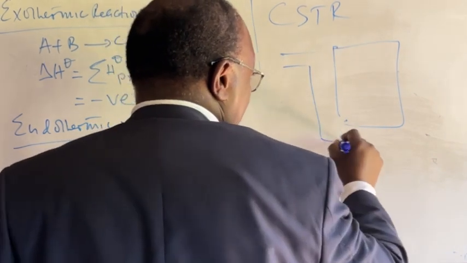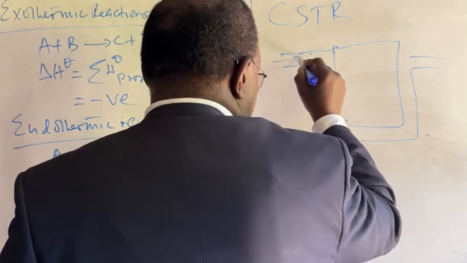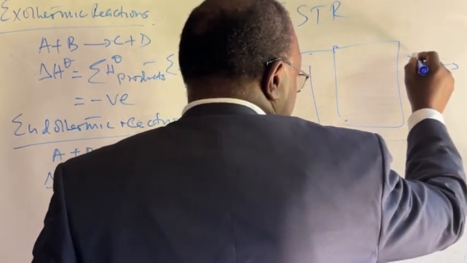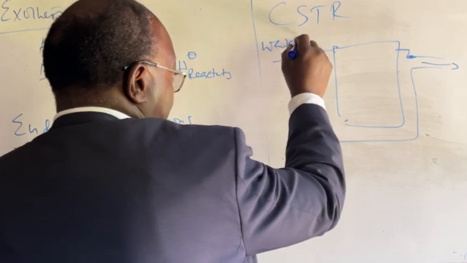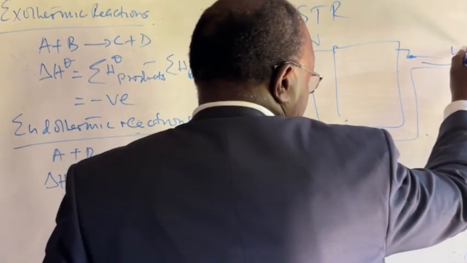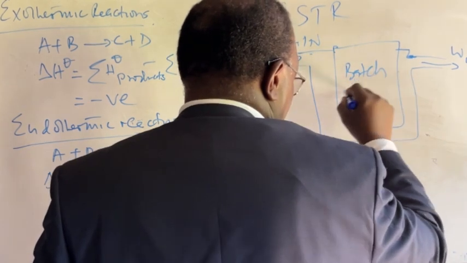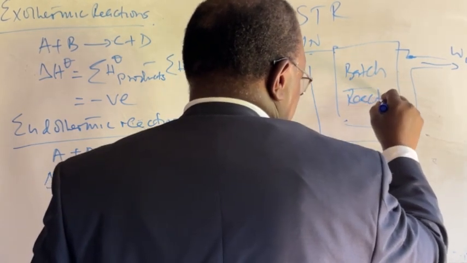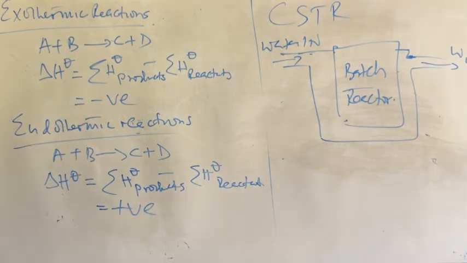In other words, you are able to circulate, for example, water into the system so that it cools your system: water in, water out. And of course, you have your batch reactor here where your reactions are taking place. So this is very important, so that it dictates what type of system you deal with.